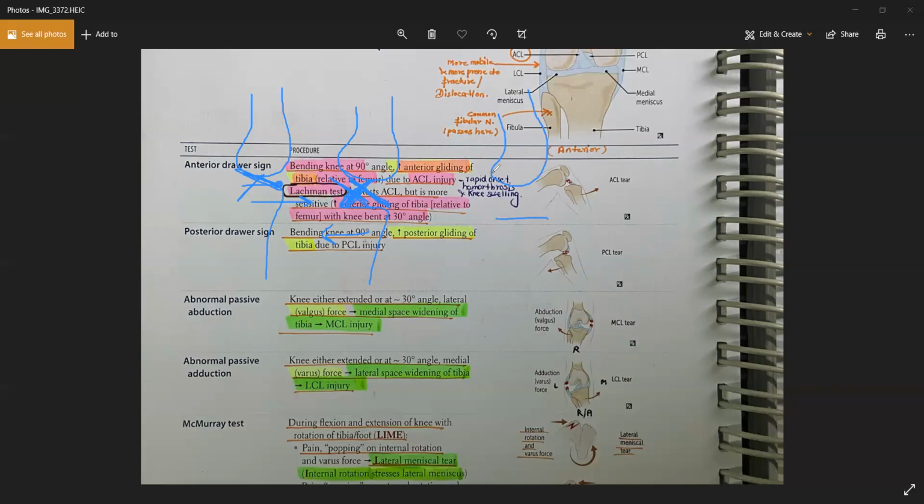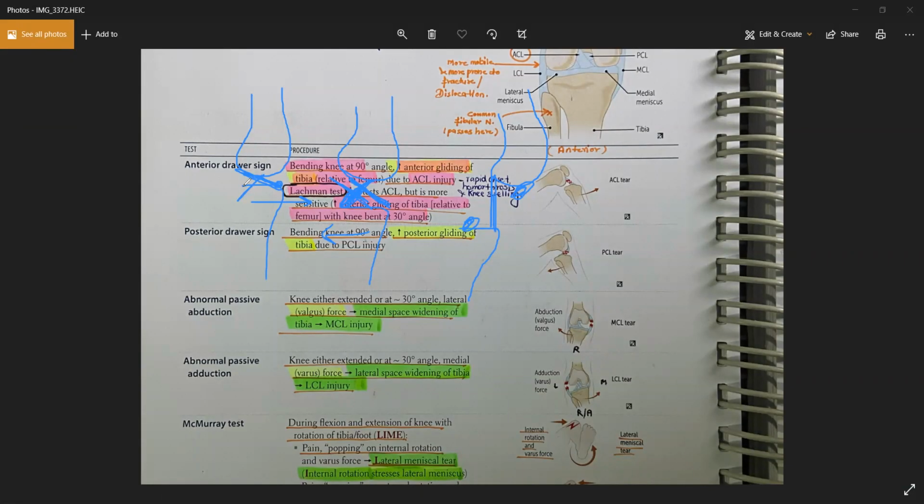Just give me a second. If my tibia gets a posterior dislocation like that, this will be the position of my anterior cruciate ligament, and this is a damaged posterior cruciate ligament. So this ligament, the PCL, is preventing the backward dislocation of my tibia. Similarly, my ACL is preventing the forward dislocation of my tibia.